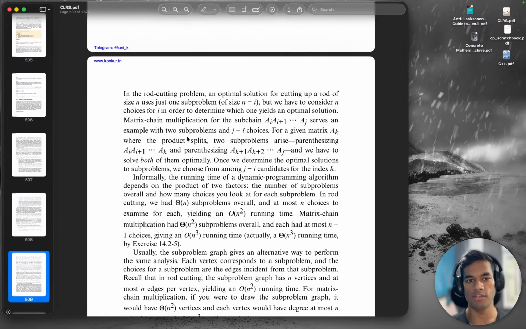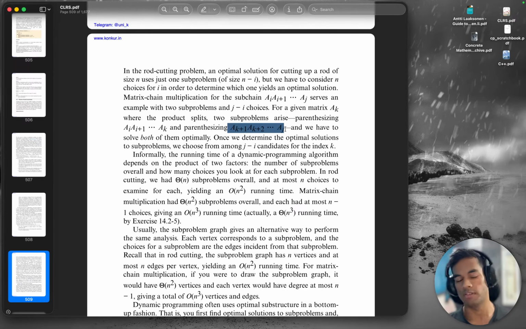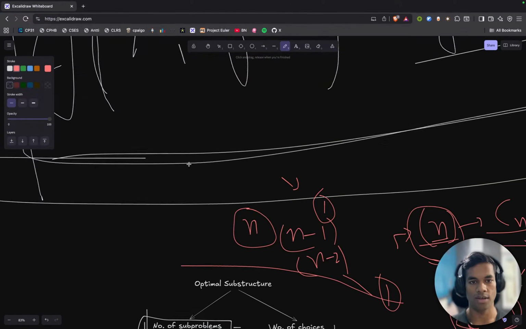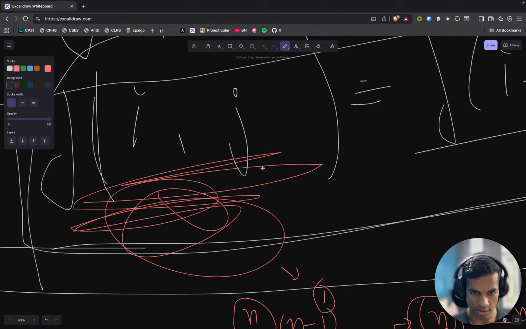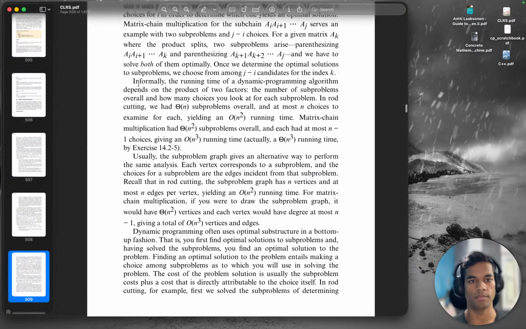For a given matrix Ak, where the product splits, two subproblems arise: parenthesizing the left side from i till k and parenthesizing the right side from k plus 1 till j. And we have to solve both of them optimally. Yes, because if we do not solve them optimally, we saw by contradiction that the solution to our higher level problem will also be unoptimal. But we are looking for the optimal solution.